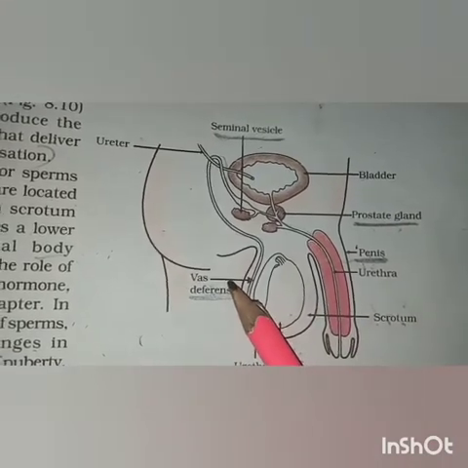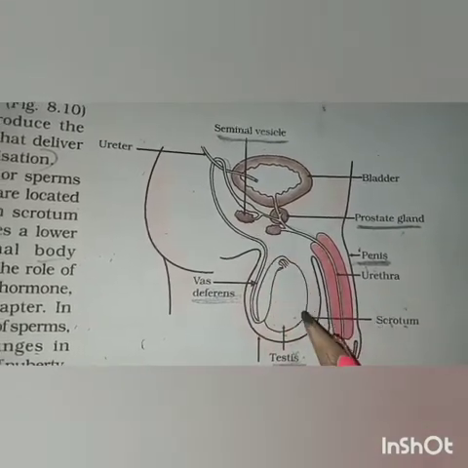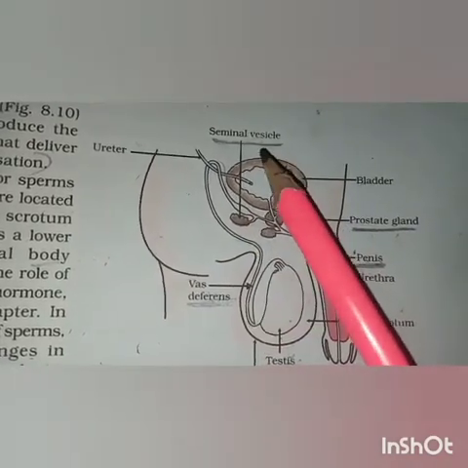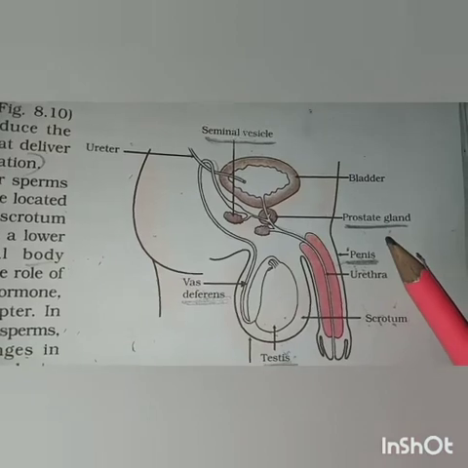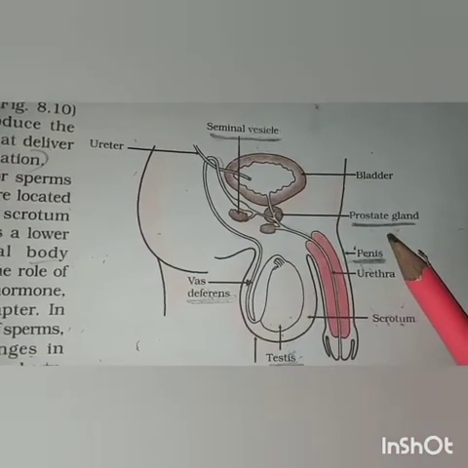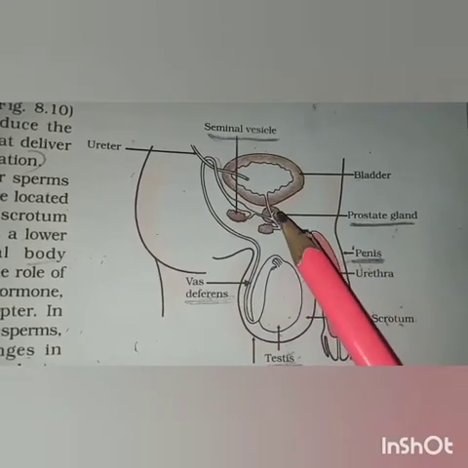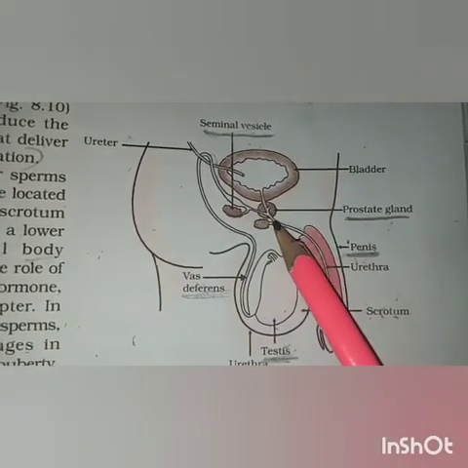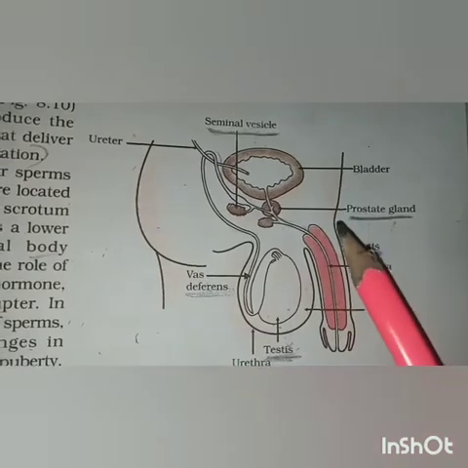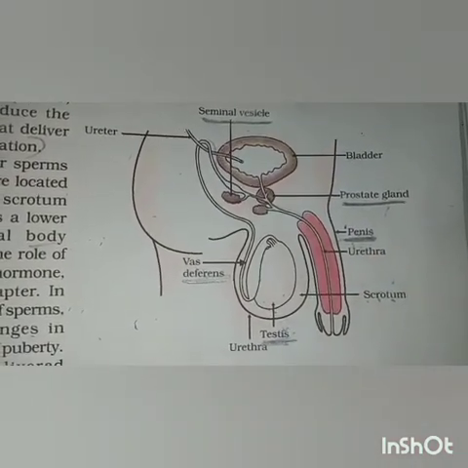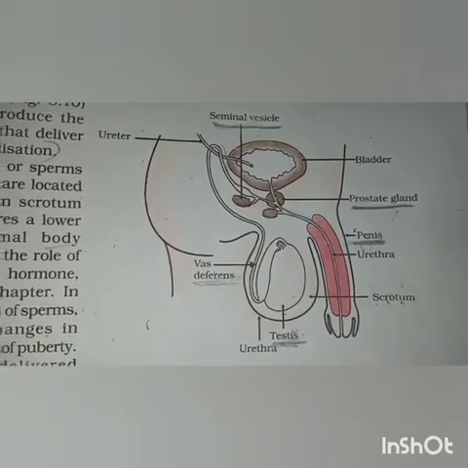Then vas deferens, it delivers the sperms to the outside. Then the secretions of seminal vesicle and prostate gland, that we already discussed. What is the function? It makes an easier transport and also provides nutrition to the sperms. Then penis, with the help of the penis, the males transfer the gametes into the female genital system.